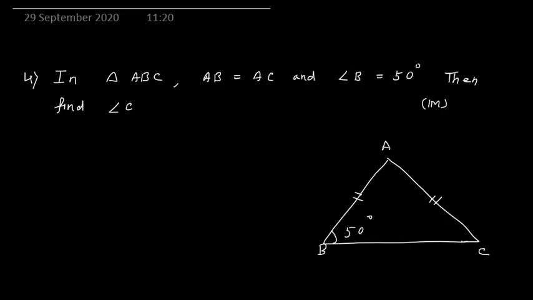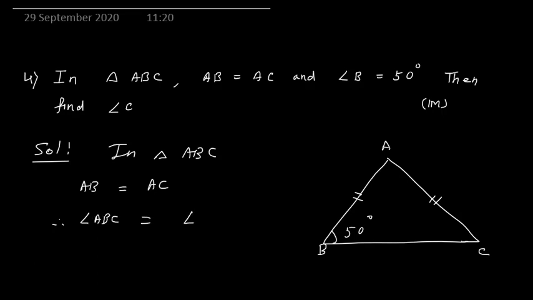We have to find the value of angle C. So again in the solution I will say that in triangle ABC, AB equal to AC, AB and AC are equal, therefore angle ABC is equal to angle ACB.